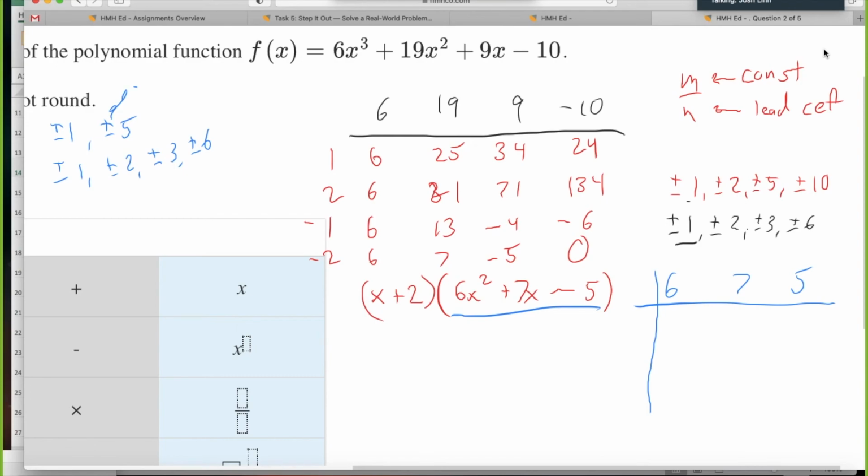So we can try our whole numbers first. So we go 1, so 6 comes down, 6. 6 plus 7 is 13. 13 times 1 is 18. So that's not it. 2.